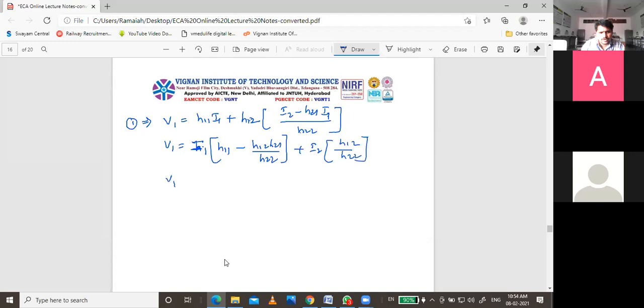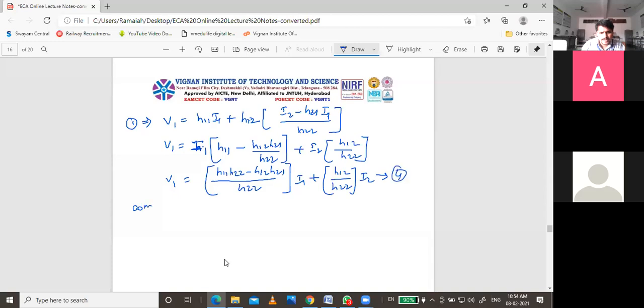So therefore V1 equal to, what is the LCM here? H22. So (H11 H22 minus H12 H21) by H22 into I1, plus H12 by H22 into I2, equation number 4.